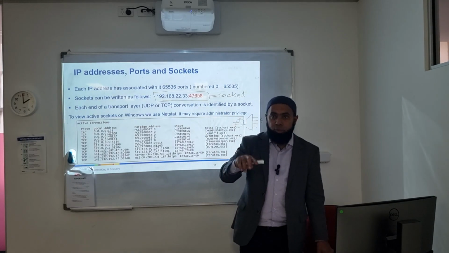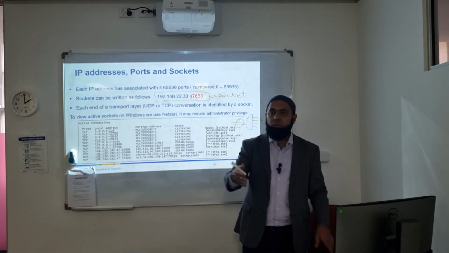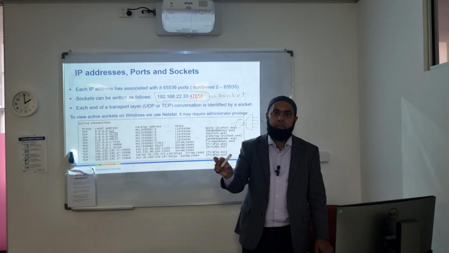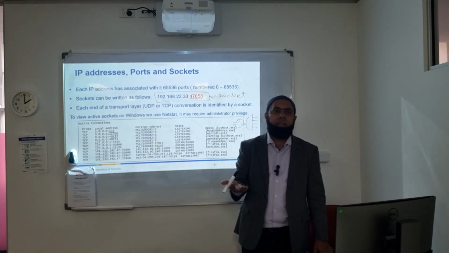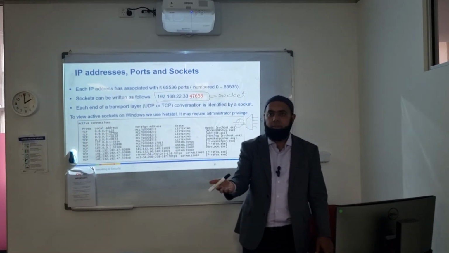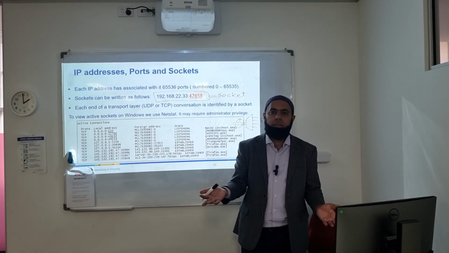So every single app, even with a browser, maybe you have Mozilla with 10 different tabs, needs a separate port number. It is something like water: you need a pipe, and without a pipe you can't get water.